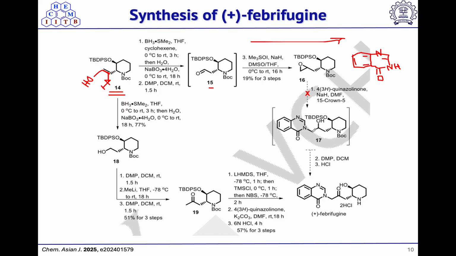After getting this 17, they need to oxidize this secondary alcohol and treat with HCl to get febrifugine. But this step is not working, so they did not move forward. They need to follow some other pathway to get this target molecule. So what will they do now?